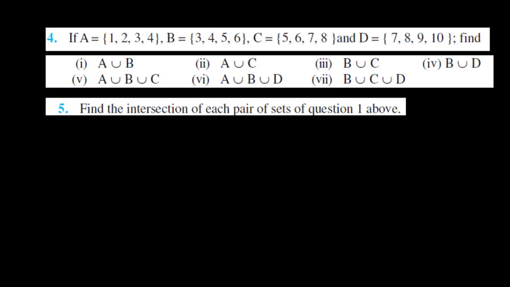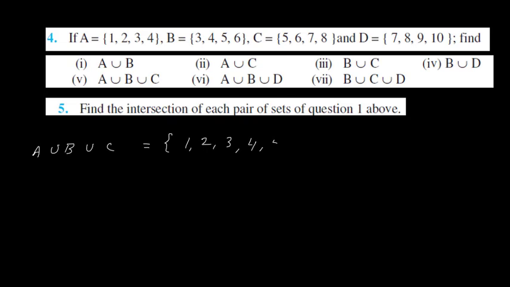Now A union B you can easily find, A union C you can find, B union C you can find, B union D you can find. Then A union B union C. Okay, now let us see this A union B union C. You have to see all the three sets and write all the elements present in A, B, C. So 1, 2, 3, 4, all the elements in set A. Then in set B we find that 3 and 4 are repeating, so I will not write that.